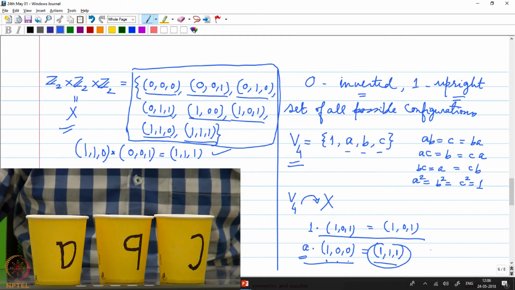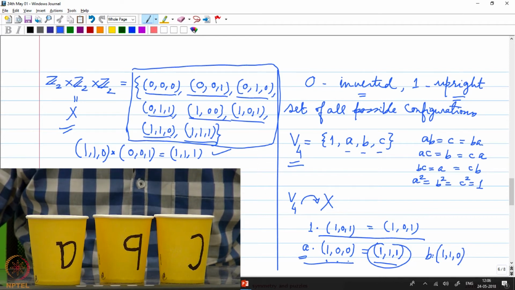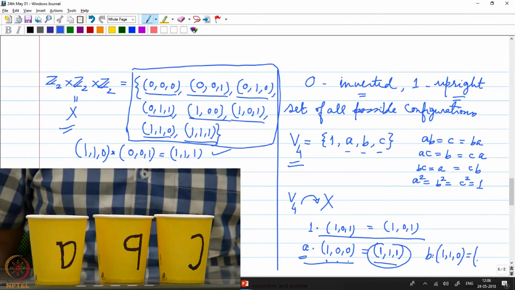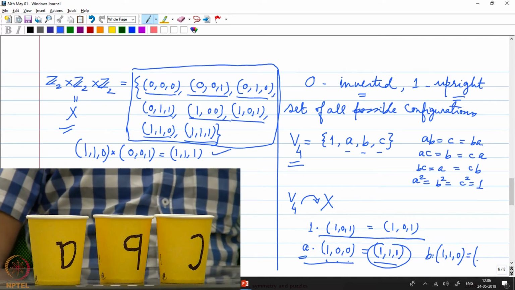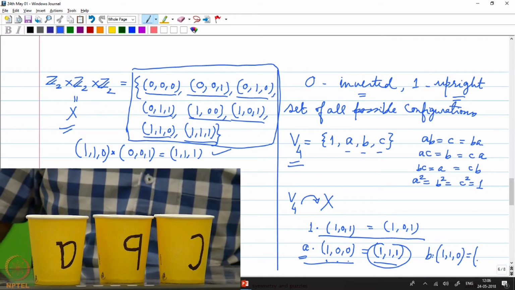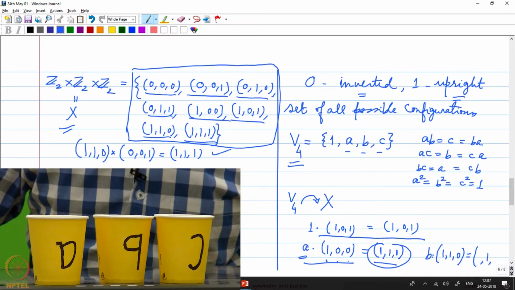If I take something else, say I take B and consider how B is going to act on say 1 1 0. I am not supposed to touch B's position. So this one will remain intact while the two others will be swapped.